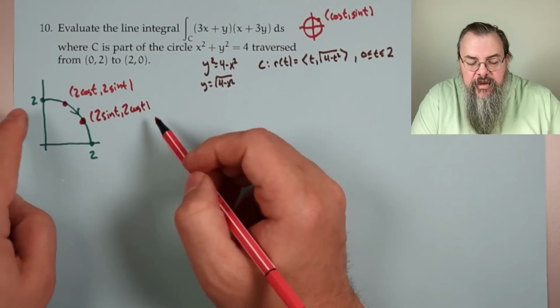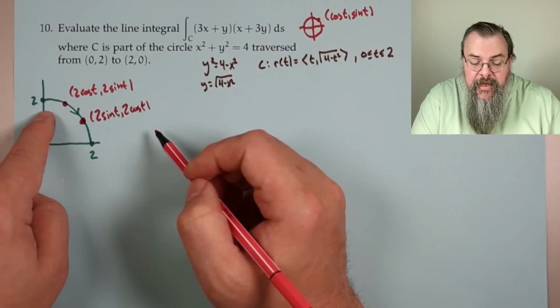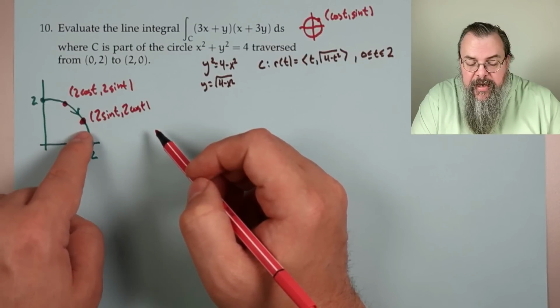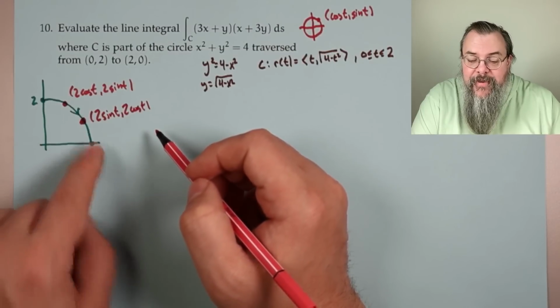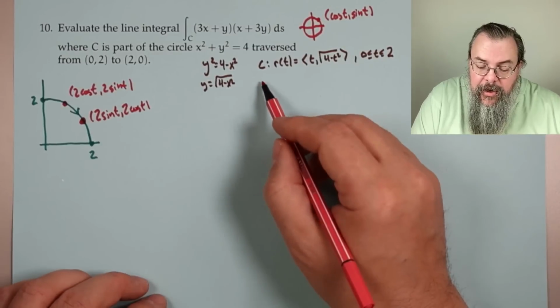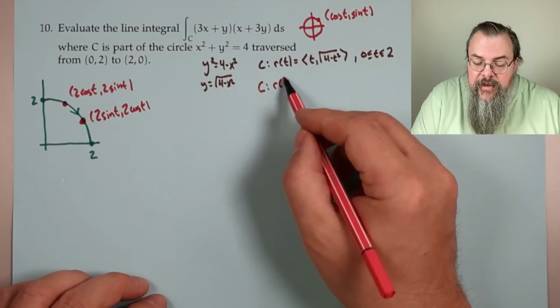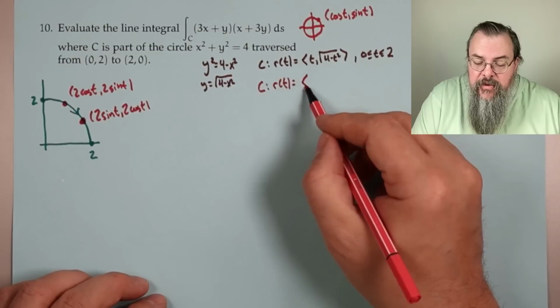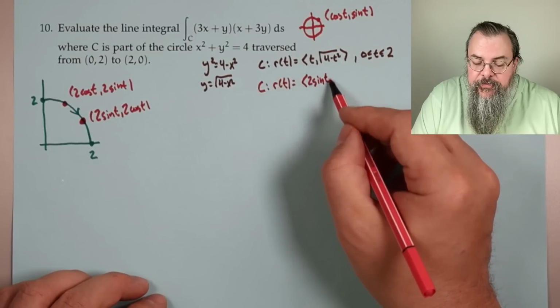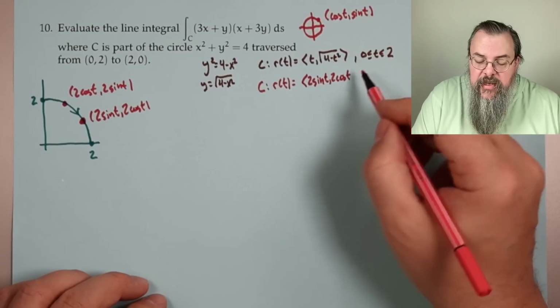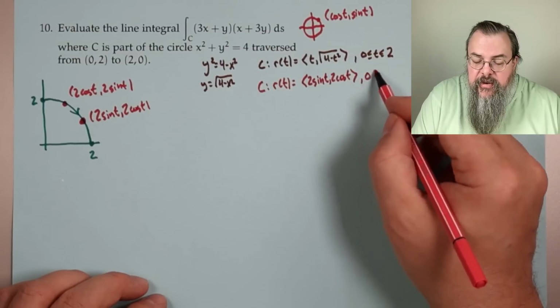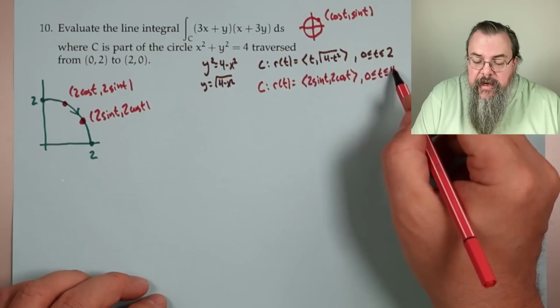So at time equals 0, you're here. And then as you let time go to pi halves, you end up there. So our alternative is 2 sine t, 2 cosine t. And this is for 0 less than or equal to t less than or equal to pi halves.